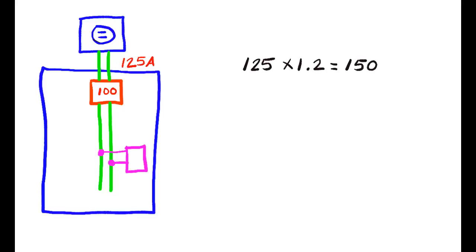That gives us 150. We then subtract the rating of the main breaker, which is 100. Alright, so that gives us 50 amps. So now with this configuration, notice we have a lot more room for solar. Now our solar breaker can be up to 50 amps.